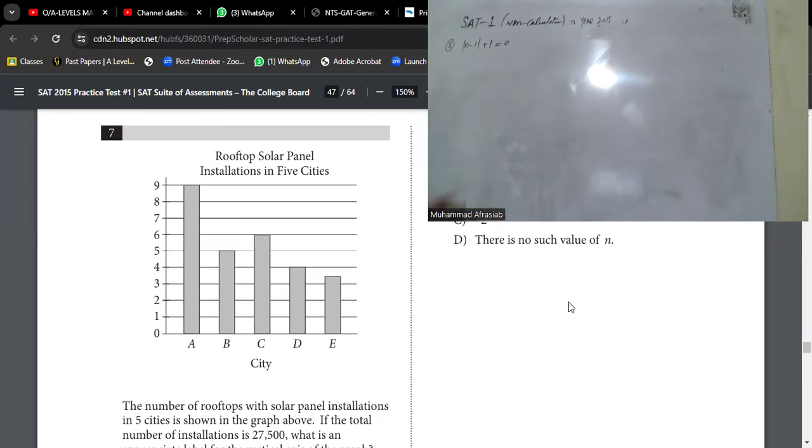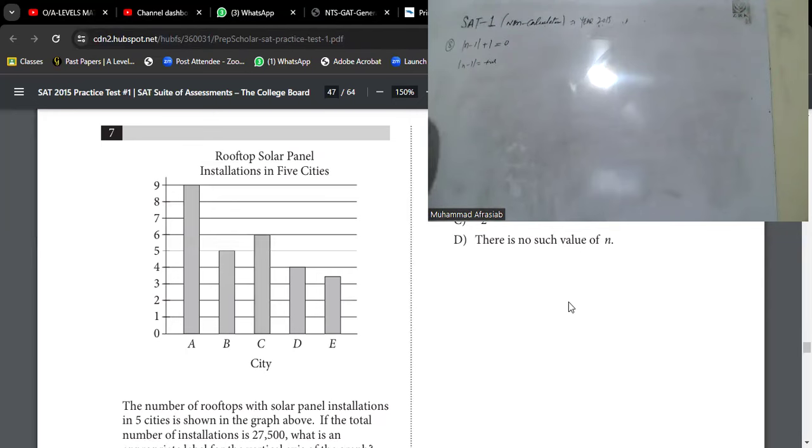Since we know that it is the modulus sign, whatever value you put in the modulus sign, it is going to make it a positive value. And positive plus 1 is never equal to 0. So this means you cannot find any value of n for which |n minus 1| plus 1 is equal to 0.